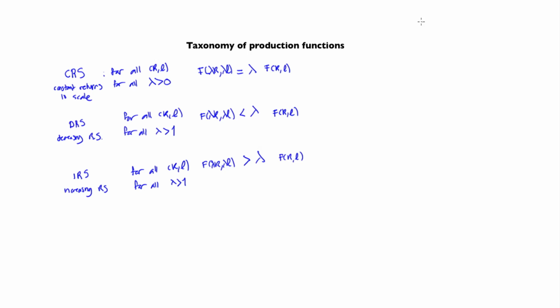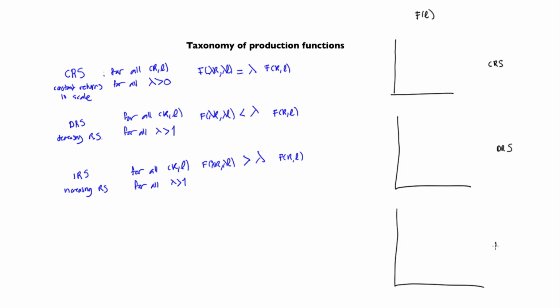So let's consider some simple production functions that only depend on labor. And I'm going to draw for you one that satisfies constant returns to scale, one that satisfies decreasing returns to scale, and one that satisfies increasing returns to scale. And again, in every case, the only input of production is labor.